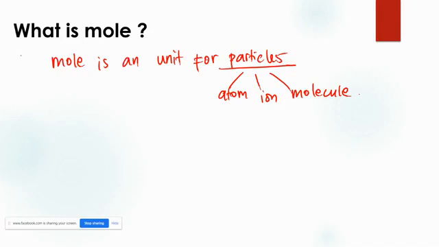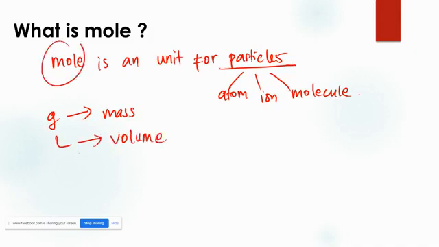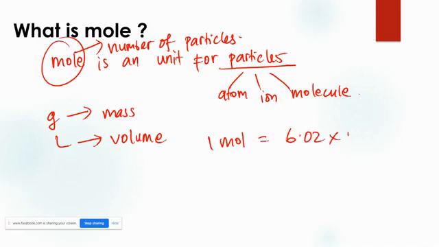Mole is similar to gram, kilogram, liter, and milliliter. Gram is a unit to represent mass. Liter is a unit to represent volume, while mole is a unit to represent number of particles. 1 mole contains 6.02 times 10 to the power of 23 particles.